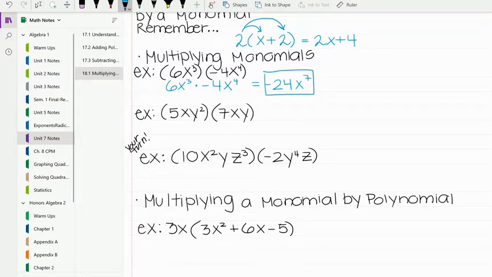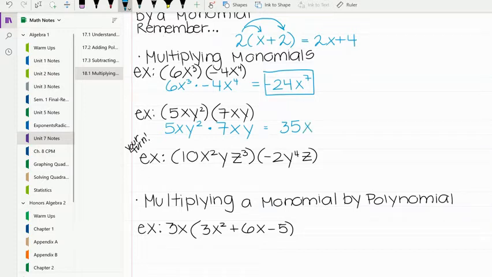All right, for our next one, so first step is just to rewrite it without the parentheses. So we have 5xy squared times 7xy. So I'll multiply the numbers first. So 5 times 7 would be 35. And then you'll multiply the like terms. So we have an x and an x. So really that's x to the first and x to the first.